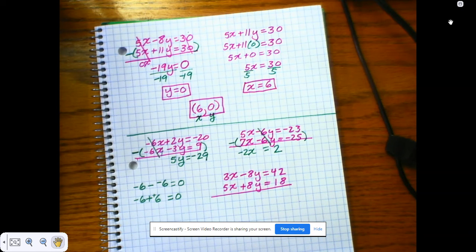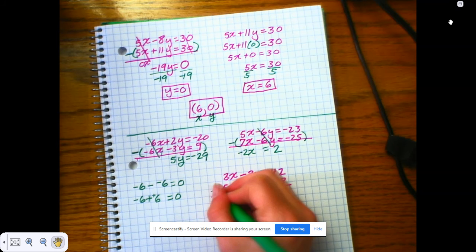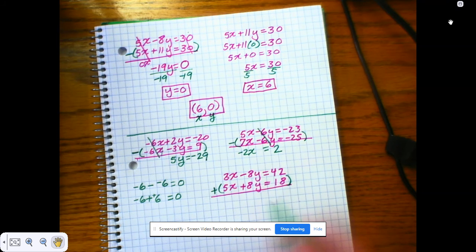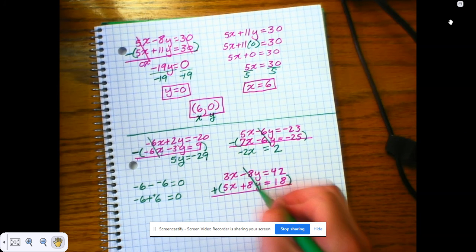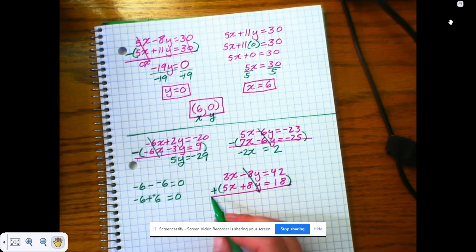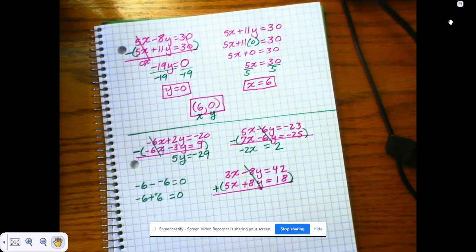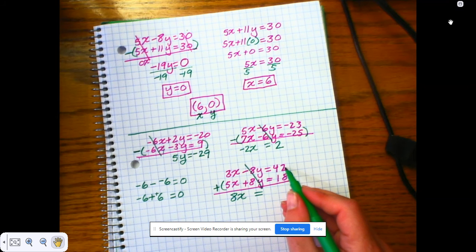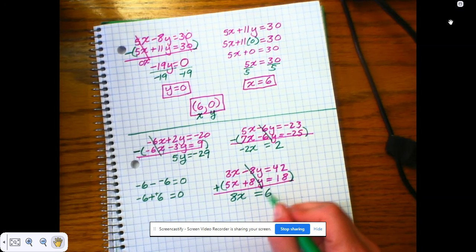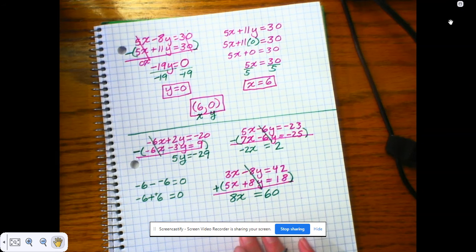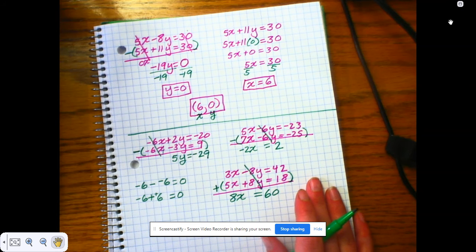So in this case, I add my two equations together. -8 plus 8 gives me 0, and that's why I'm adding. Because if I do -8 minus 8, I end up with a -16, and it doesn't cancel. Then I can go through and add everything else: 5x plus 3x gives me 8x, and 42 plus 18 gives me 60.